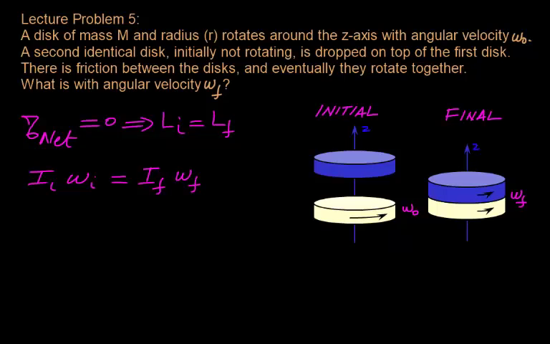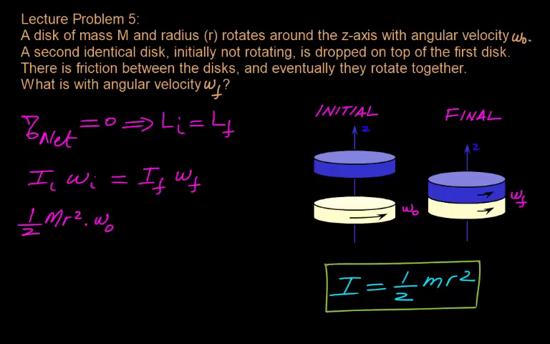Before they connected, the angular momentum comes from two disks: 1/2 big M r squared times the omega 0 for disk 1. Notice that the moment of inertia for a disk is a known expression, which is 1/2 m r squared.